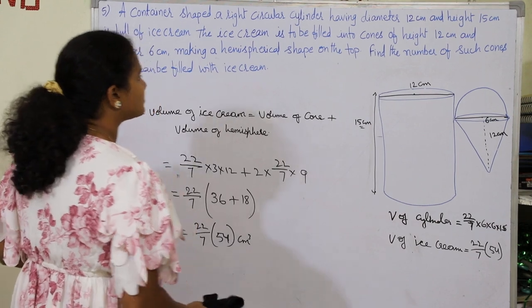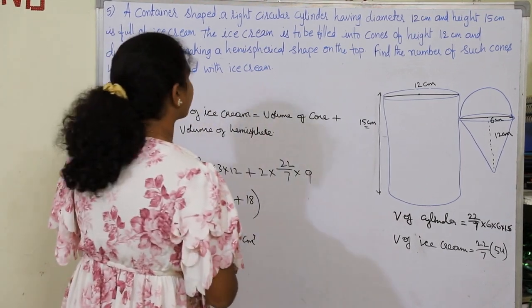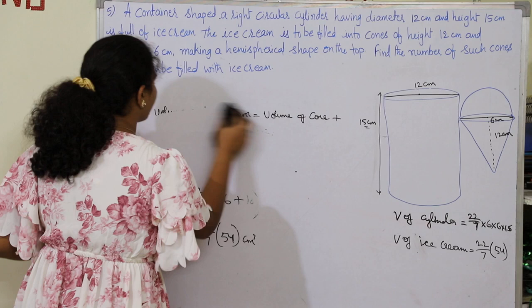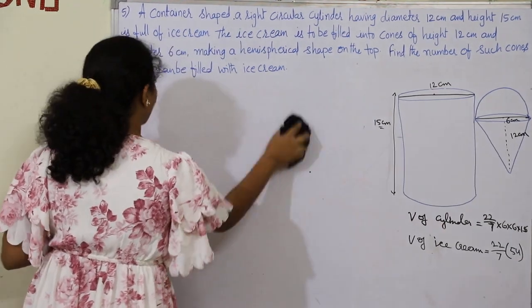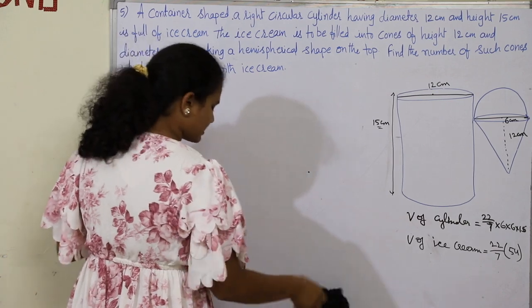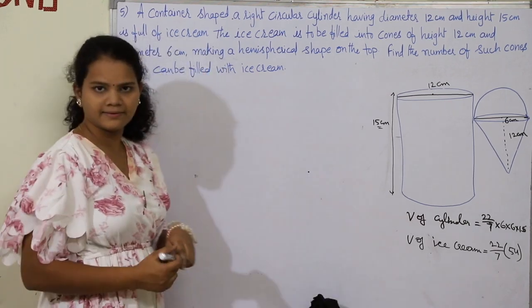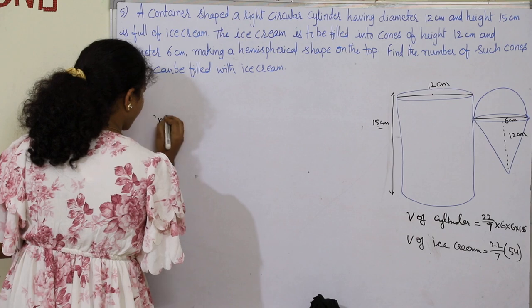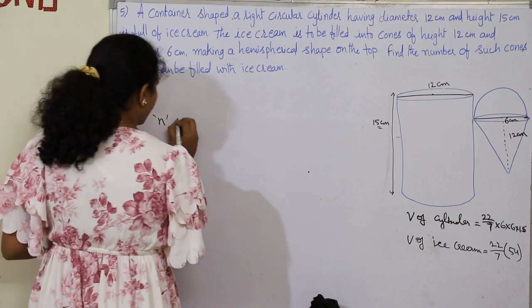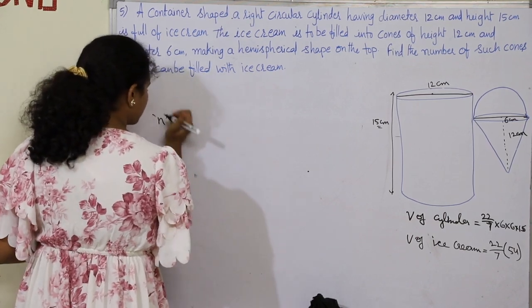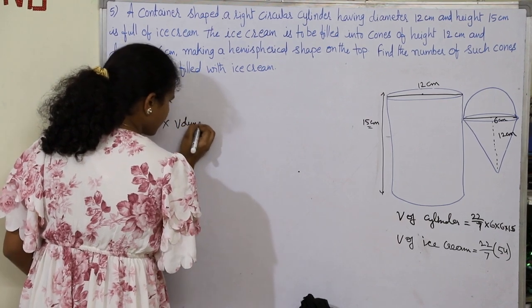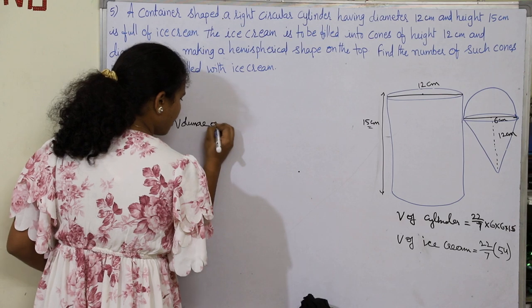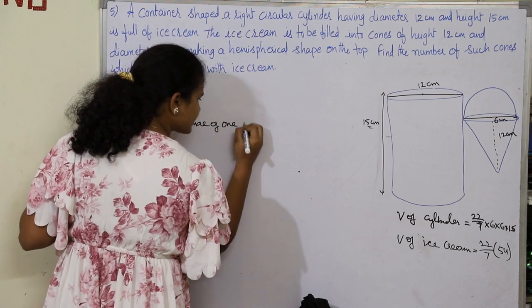Now let's find the number of cones. Let the number of ice cream cones be n. So n into the volume of one ice cream equals the volume of the cylinder, or the volume of the container.